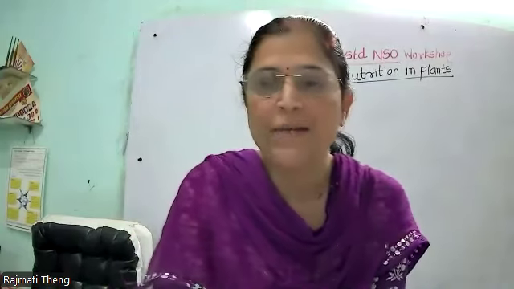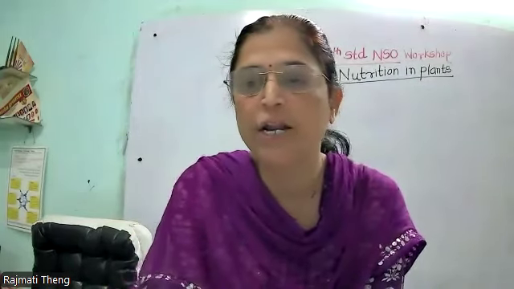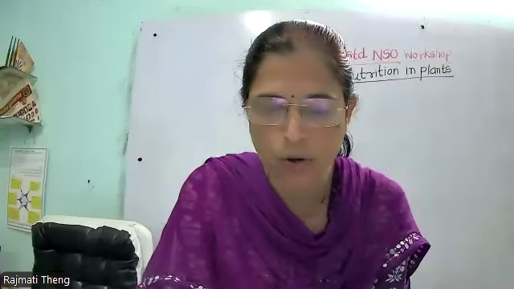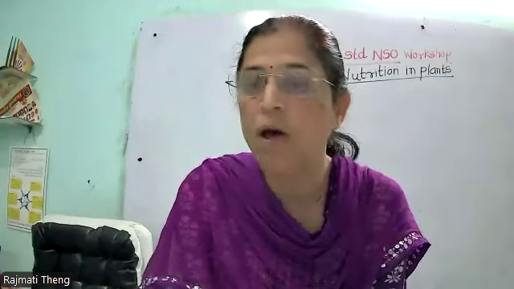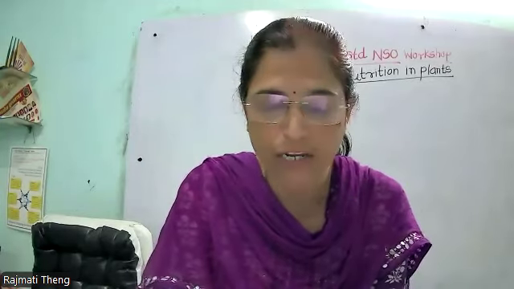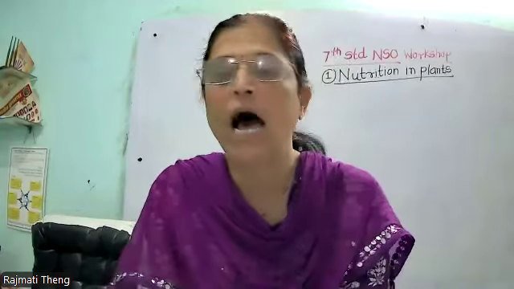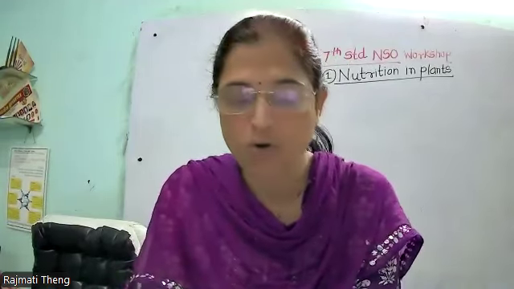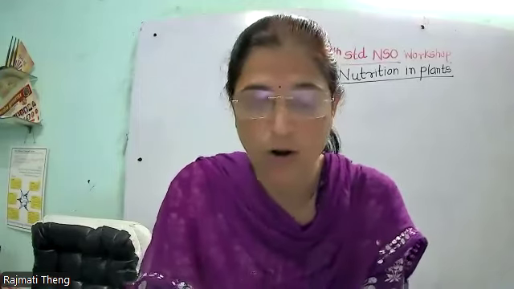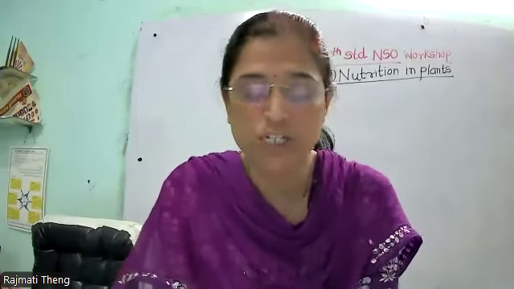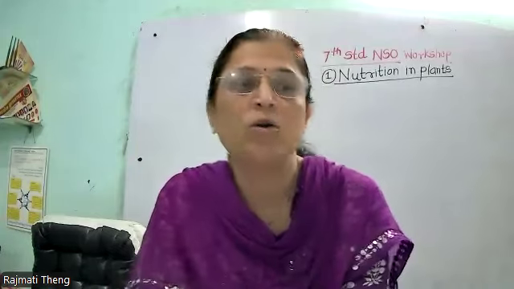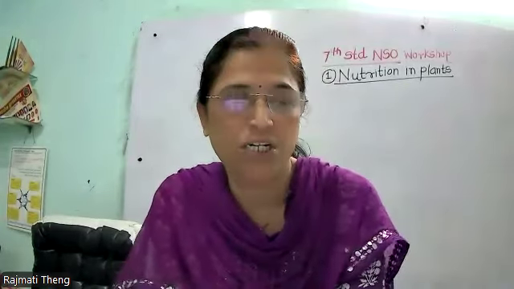So first one is autotrophic. Auto means self and trophic means nutrition. So those organisms which make their own food with the help of simple inorganic substances are called autotrophs, and that mode of nutrition is called autotrophic mode of nutrition.